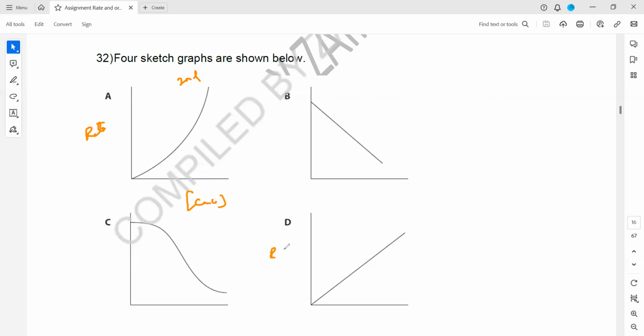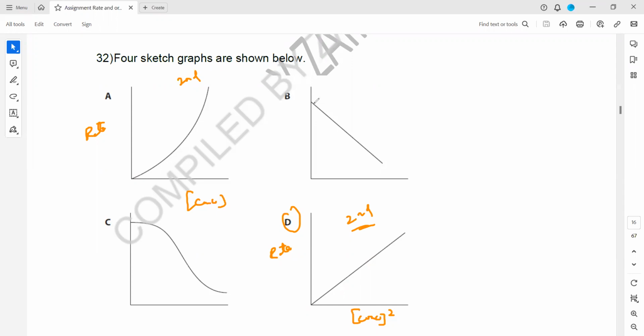But here they asked which is a graph between rate and concentration square for a second order. What happened is, if concentration is double, concentration square is 4 times, rate is also 4 times. So this is a second order graph between concentration square and rate. So again, D will be the right answer.